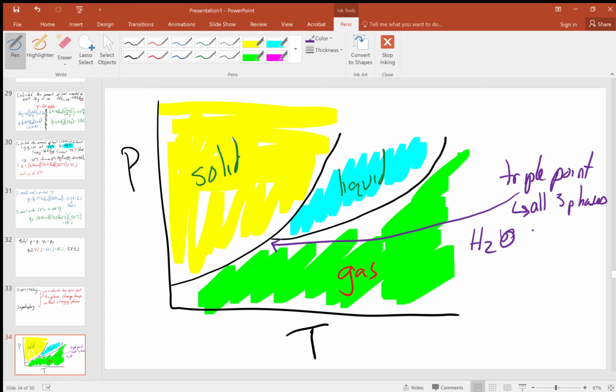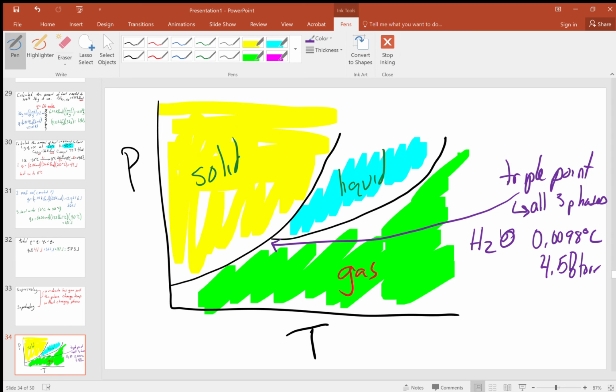Water's triple point is actually right around its normal freezing point, just slightly above 0 degrees Celsius, but only 4.58 torr. And if you recall, standard pressure is 760 torr. So that's one important point.